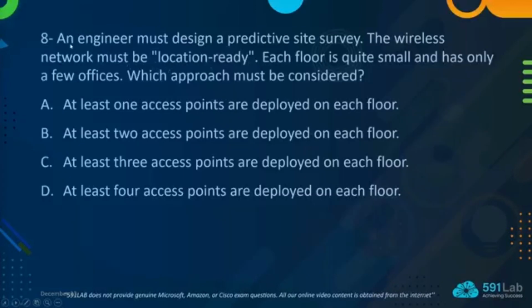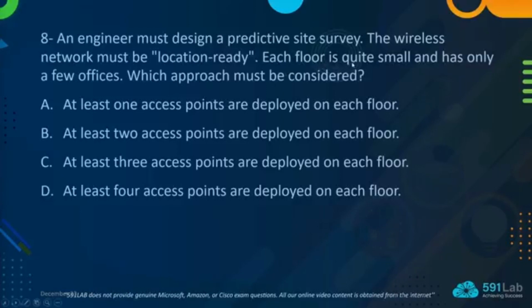So in this one, I would say 3 or 4, but since the question says each floor is quite small, I do not believe that we need 4 access points. Of course, if we add 4 access points or more, it's going to be more accurate for location.